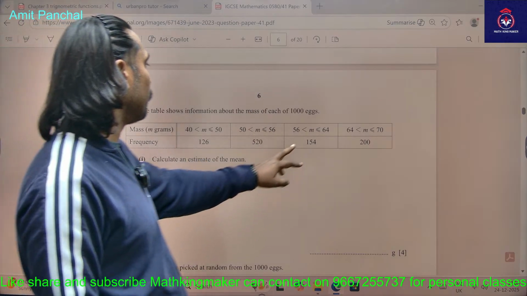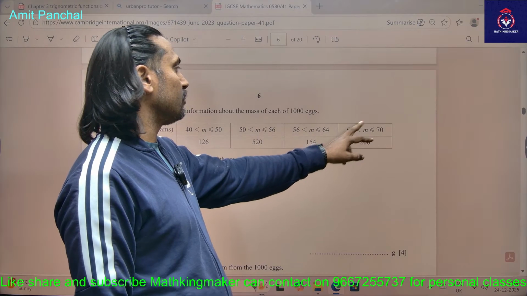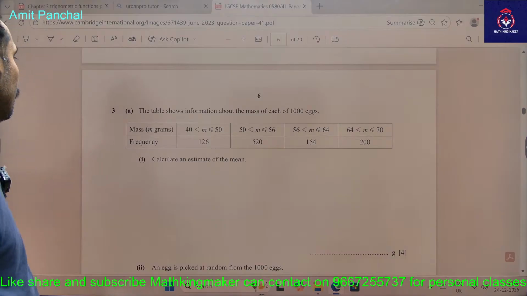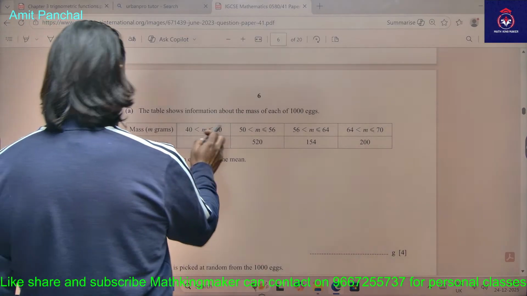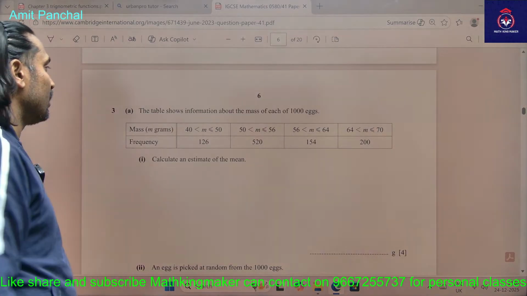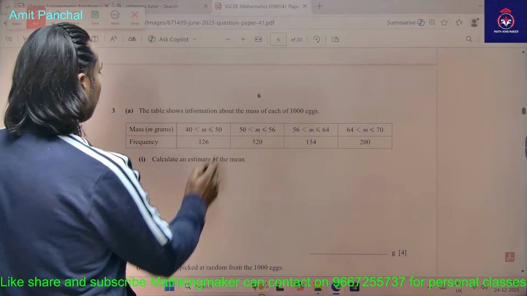For 154 eggs, 56 to 64. For 200 eggs, it is 64 to 70. So you just multiply these numbers. You will get the whole mass of 126 eggs, isn't it?